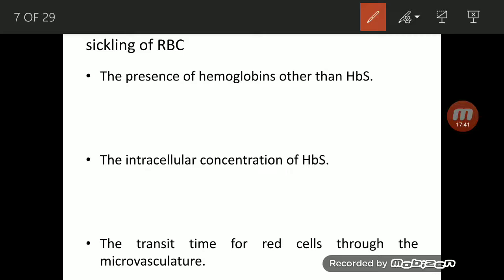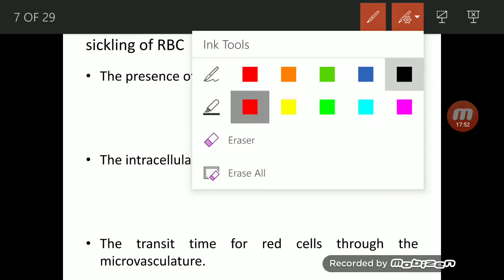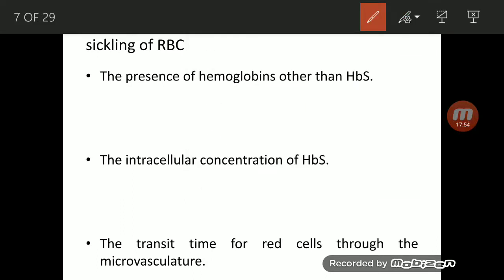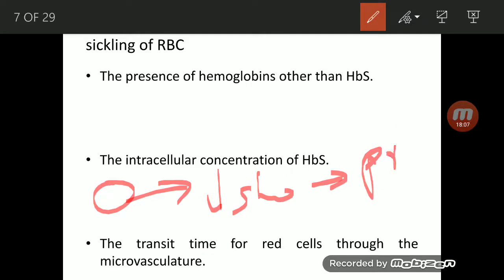Third is the transit time for red cells through the microvasculature. It has been seen that the normal transit time through your microvasculature is too short to favor polymerization.